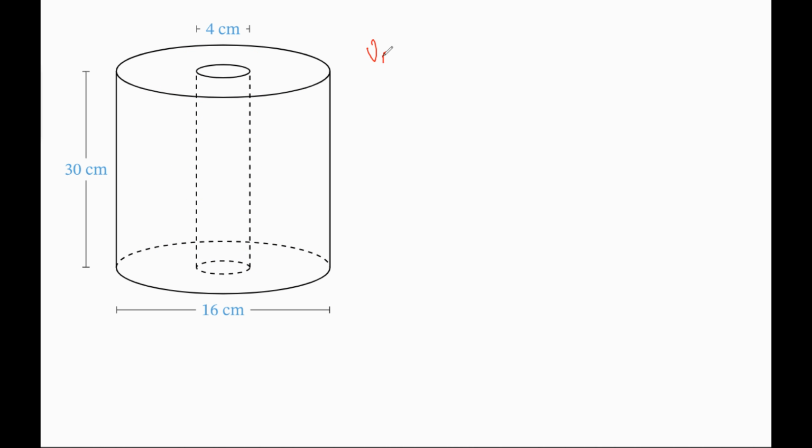Okay, so I'm going to write the big volume is equal to, the big volume is given by pi r squared h. Let me write down: volume is equal to pi r squared h for a cylinder.